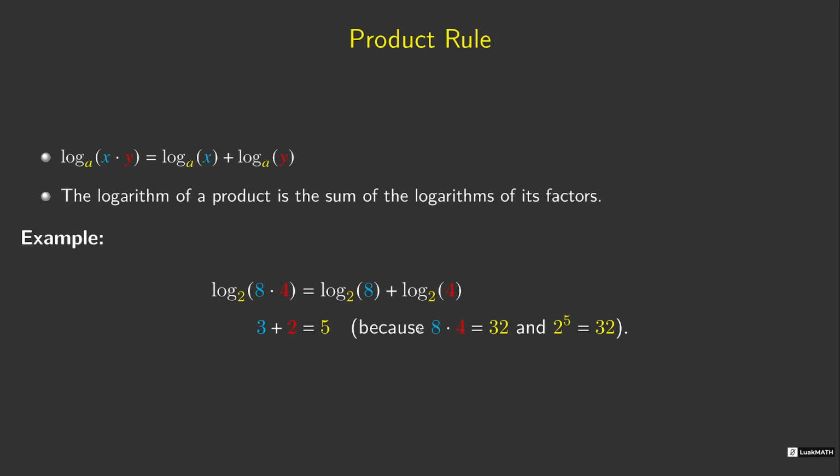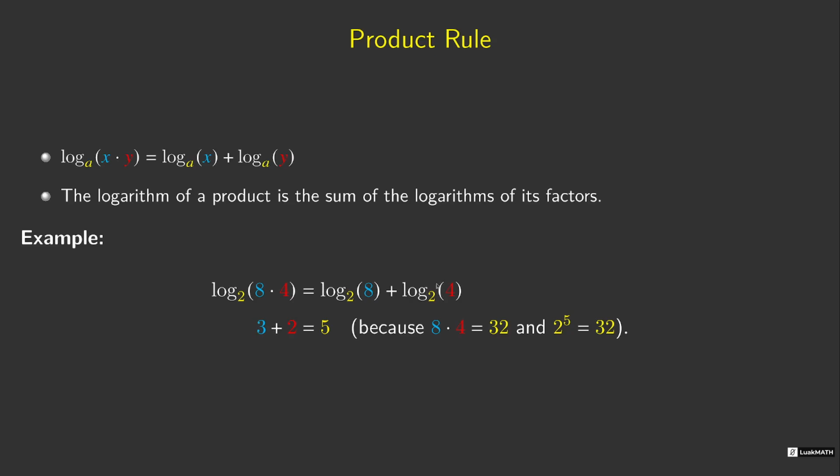Now you can see this is true because 8 I can write as 2 cubed. Now 2 cubed, using the power rule that we just saw earlier, the 3 can drop to the front here. So now you're taking log of 2 to base 2. So that becomes 1. So for this term you get 3 here. That's why I have a 3 here.